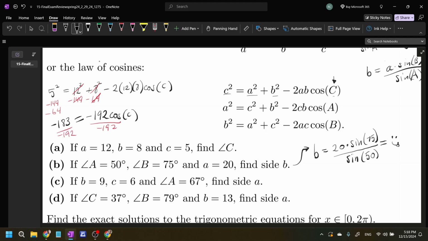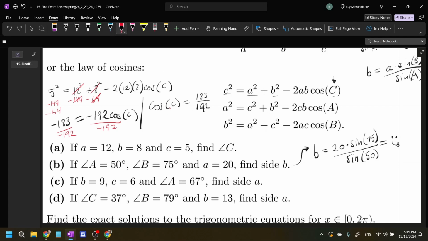And we get cosine of C is 183 divided by 192. We get some fraction that simplifies down to 61 over 64, but I'll leave it like this because for the next step, I want you to know where these numbers came from.